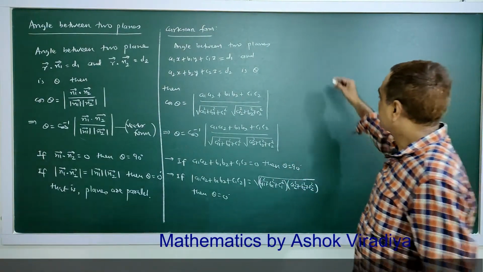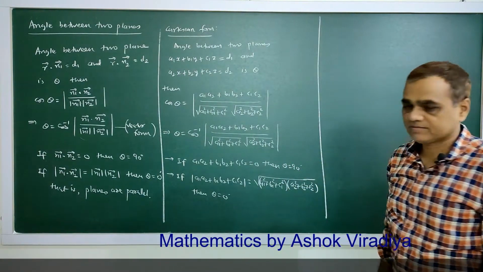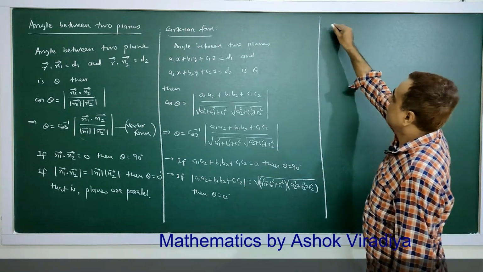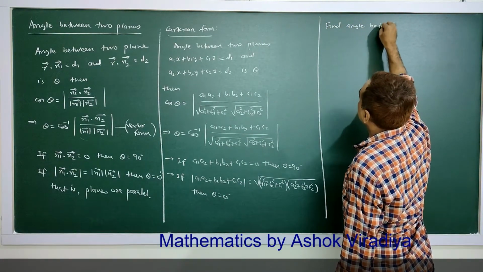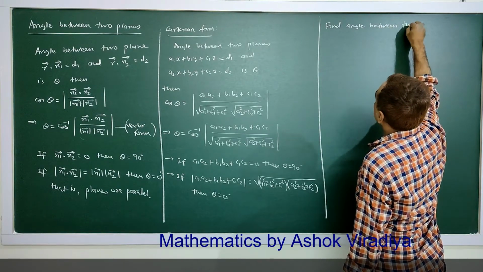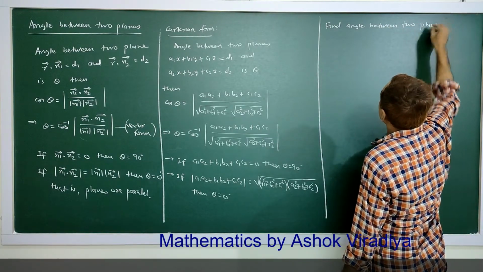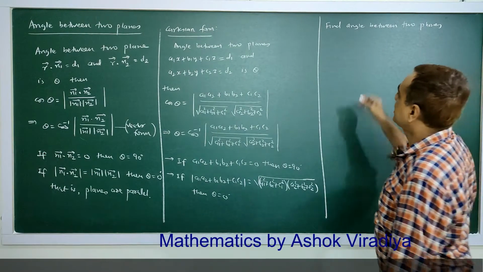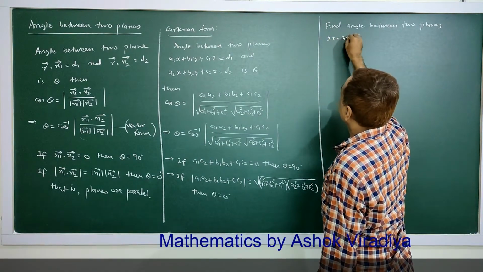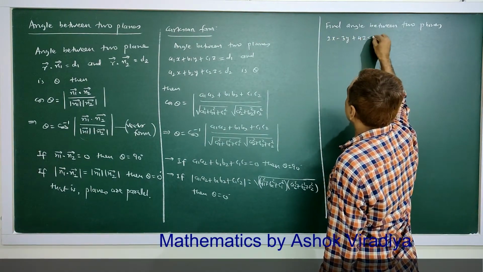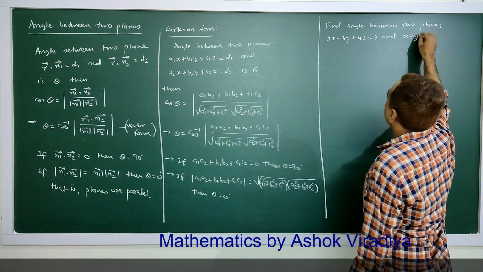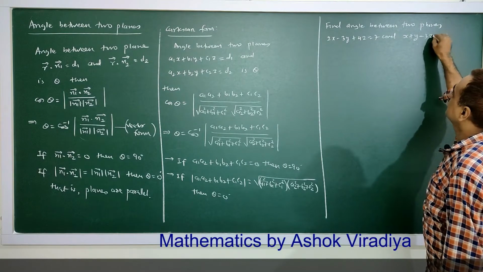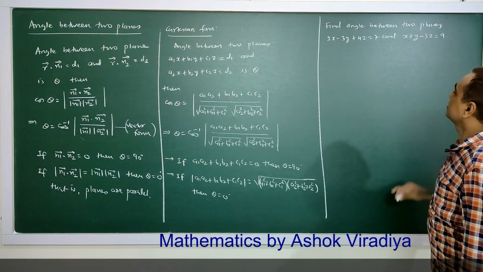Now to understand this formula, we take a question: find the angle between two planes. Suppose the equations are 2x minus 3y plus 4z equal to 7 and x plus y minus 3z equal to 9.